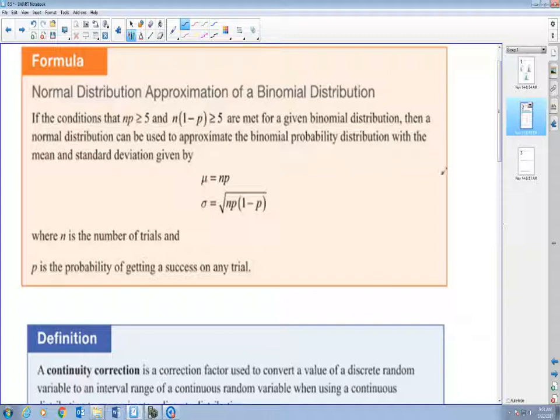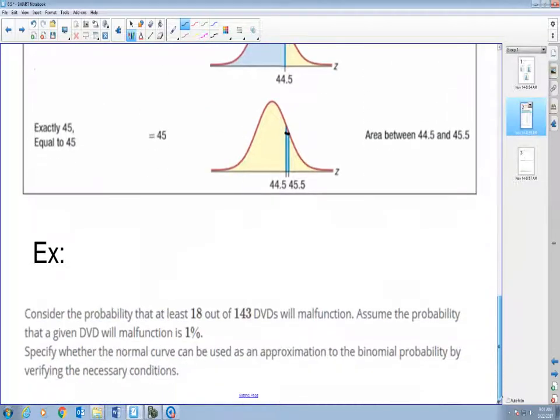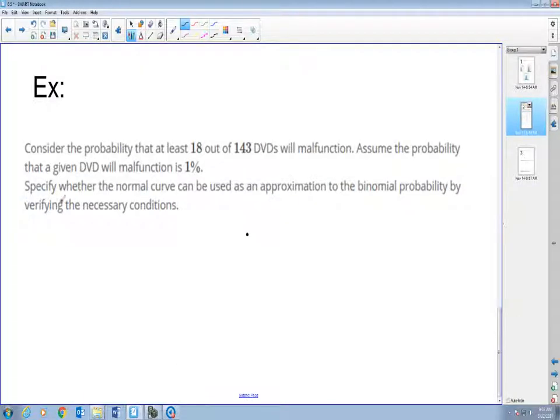Alright, so let's take a look. Consider the probability that at least 18 out of 143 DVDs will malfunction. Assume the probability that a DVD will malfunction is 1%. Specify whether the normal curve can be used as an approximation to the binomial.